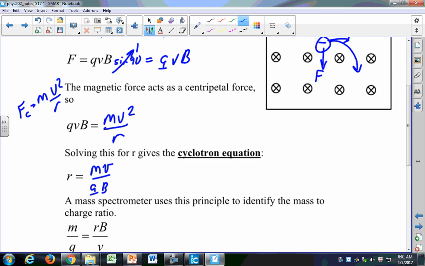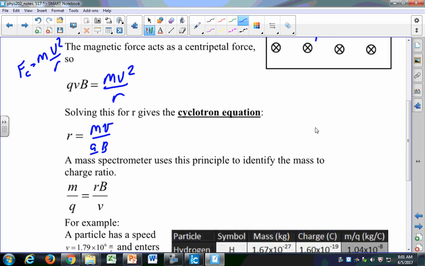And so a mass spectrometer uses this principle. The one that we have upstairs uses this principle to find the mass to charge ratio of particles. So I solve this for the mass to charge ratio. When I have an unknown particle, I don't know either its mass or its charge, but if I can find the ratio of its mass to charge, then I can go a long ways towards identifying that unknown particle.